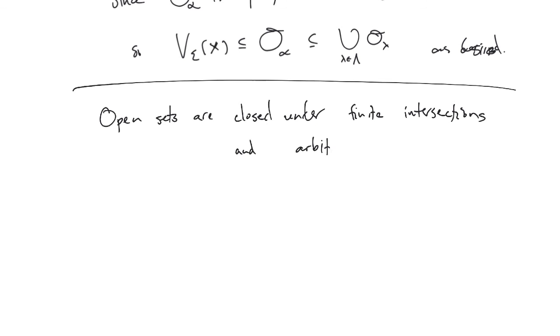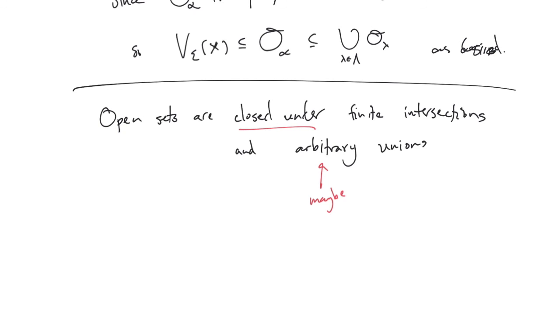This word arbitrary means possibly infinite. And closed under is like in the algebraic sense. I'm not talking about closed as in open versus closed. I mean closed under an operation, meaning if you take two things and combine them, the answer is still one of those same kinds of things.